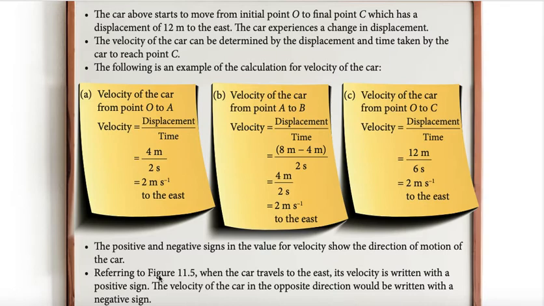Okay, so by referring to figure 11.5, when the car travels to the east, its velocity is written with a positive sign. The velocity of the car in the opposite direction could be written with a negative sign.